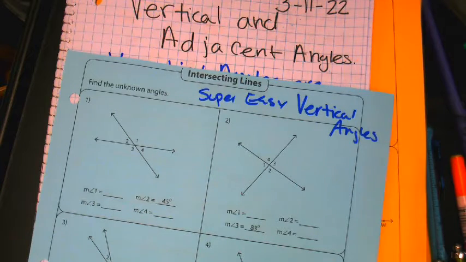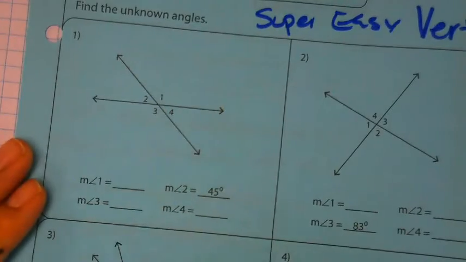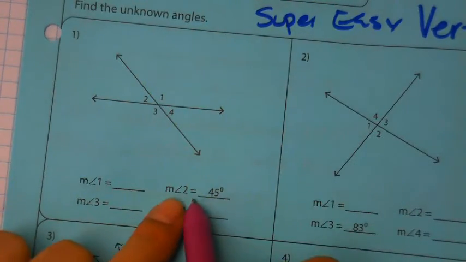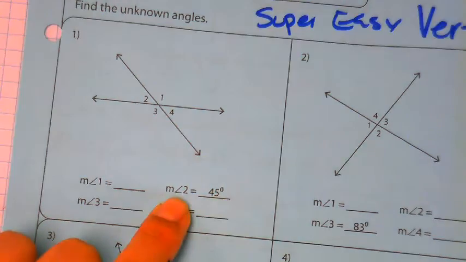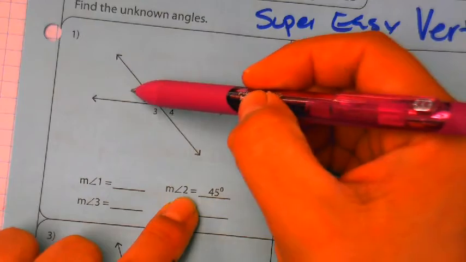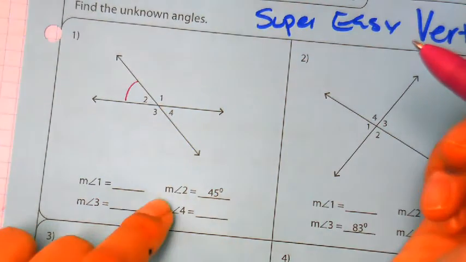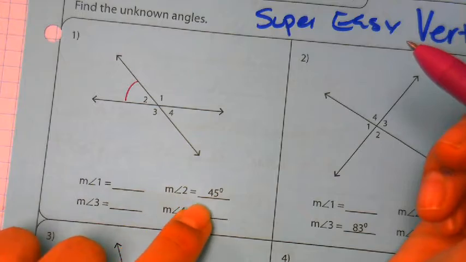So, for number one, let's look at the information that they gave us. They gave us that the measure of angle 2, so the M over here, kids, the M, the measure of angle 2, so here is angle 2. What is this measure? 45 degrees. M stands for measure. Measure of angle 2 is 45 degrees.